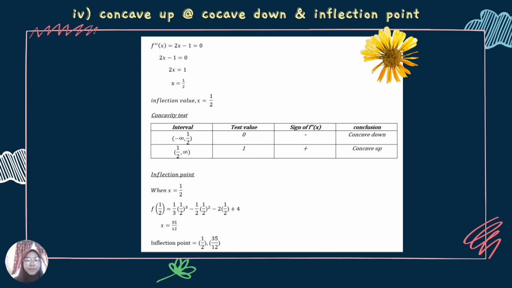So to find the inflection point, once we got the inflection value, which is x equal to 1/2, we substitute it into the original function, which is 1/3 x to the power of 3 minus 1/2 x to the power of 2 minus 2x plus 4.